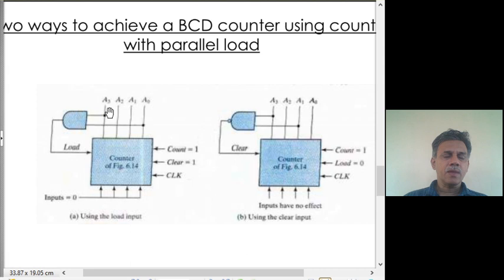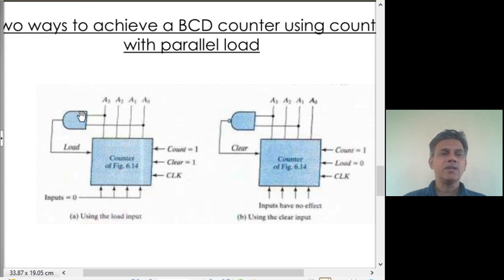Here the number 9 is the pattern 1001, that is A0 is 1 as well as A3 is 1, and as long as we restrict the count to between 0 and 9, this is the only count for which A0 and A3 are 1, that is, we don't allow it to go beyond 9.